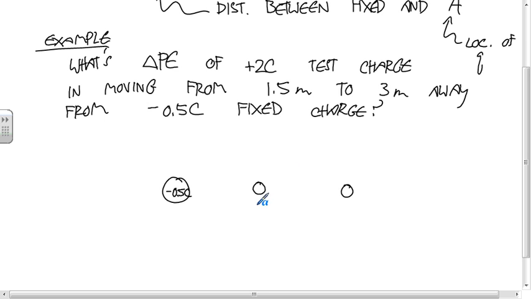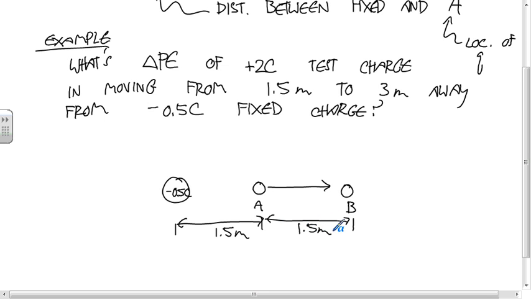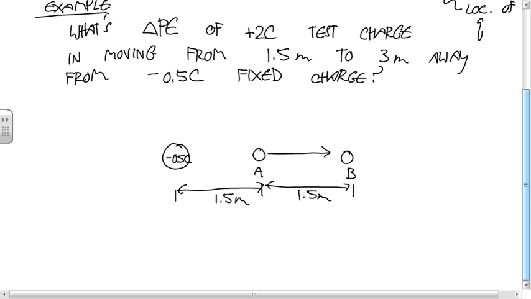So we can think of this as the point A, this is the point B. The test charge is going this way. This location is 1.5 meters. This distance is another 1.5 meters. And so the way we would calculate this, we want to calculate a change in potential energy.